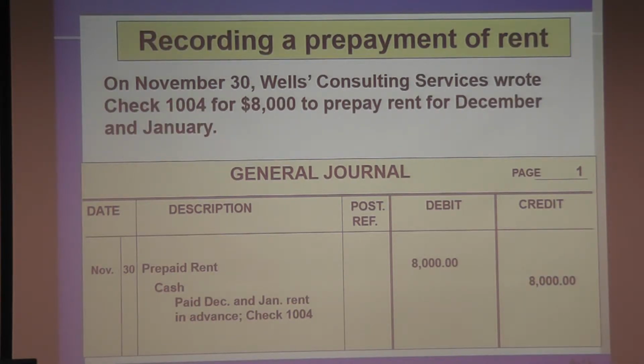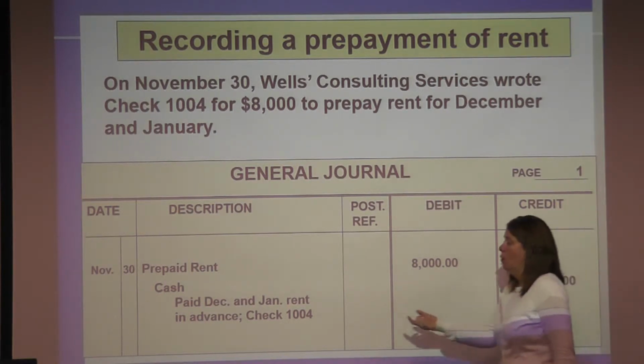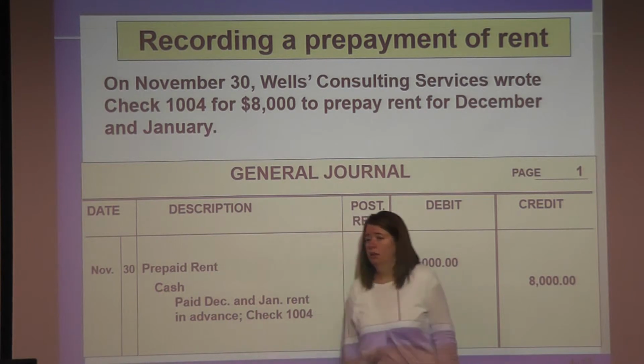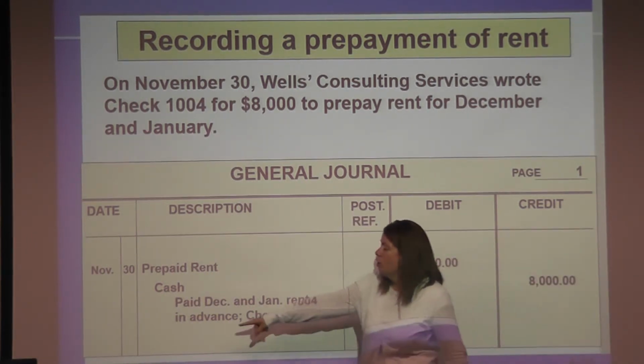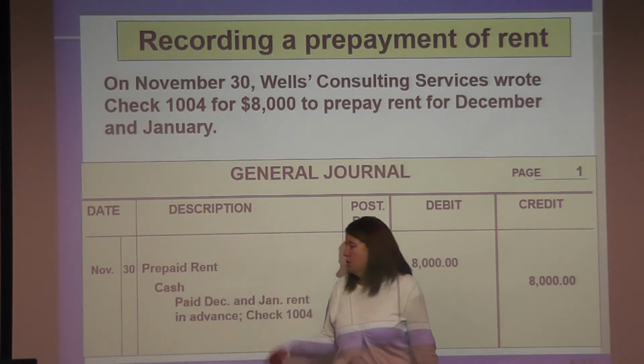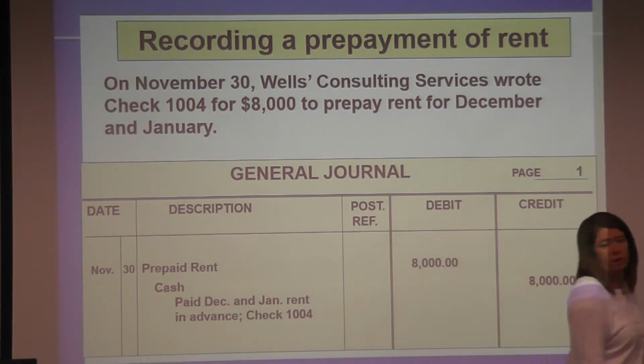This one, prepaid rent. In our description, we indicated what months the rent was paid for. So we know it's prepaid because we paid it in advance. It's November, and we paid December and January's rent. Prepaid rent.